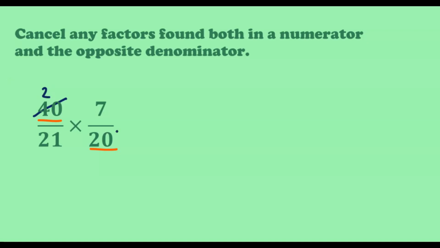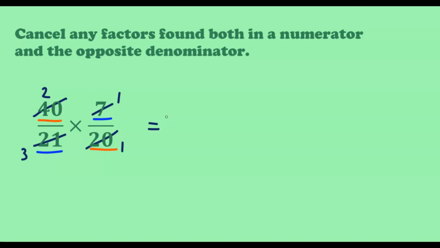And if we divide 20 by 20, we get 1. Next, we're going to look for a common factor of 7 and 21. Now 7 is a common factor of both these numbers. So we divide 7 by 7 to obtain 1, and we divide 21 by 7 to obtain 3.